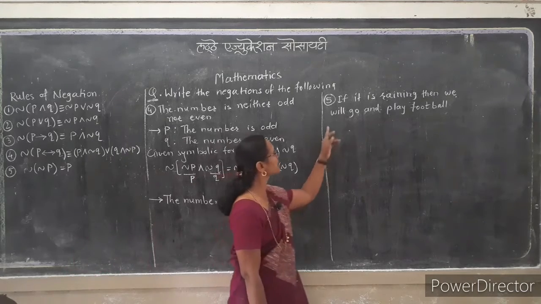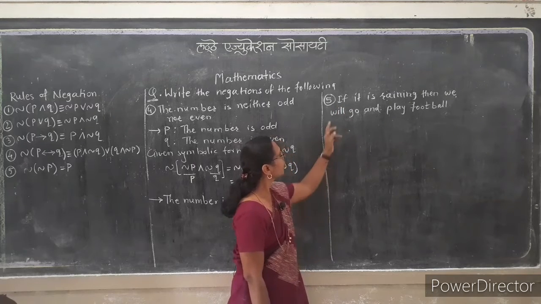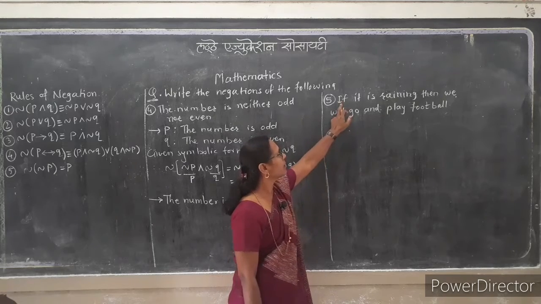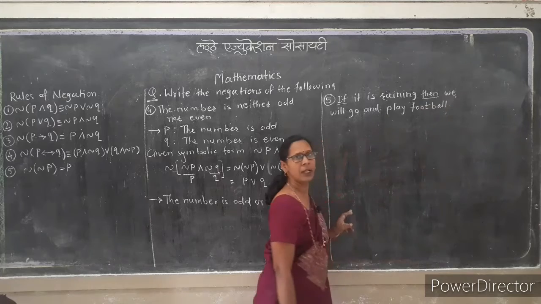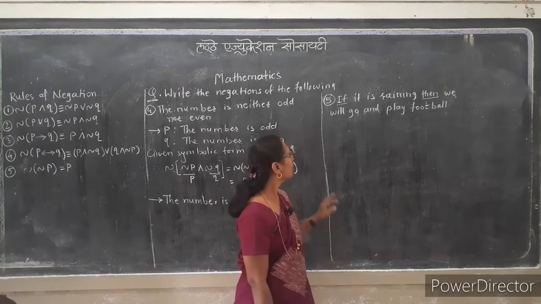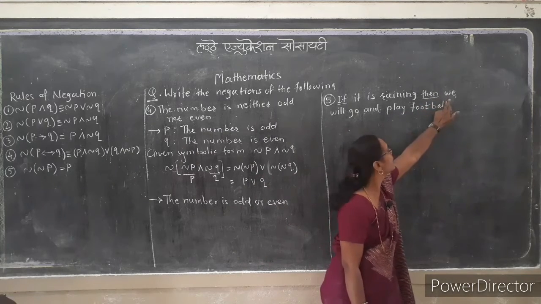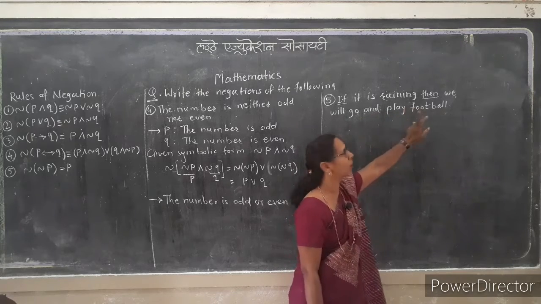Now we see the next example. If it is raining, then we will go and play football. Here the phrase is if-then. Therefore, we use the connective P implies Q. But here, after 'then' there are two statements: we will go and play football.